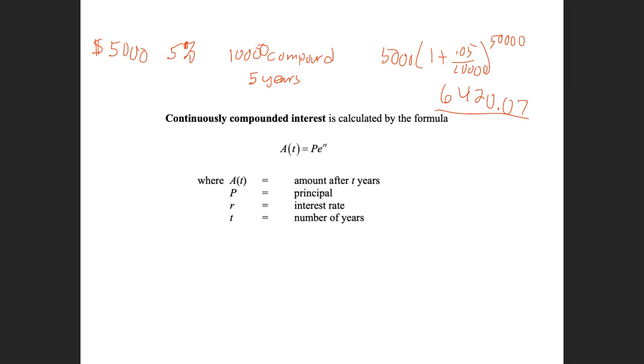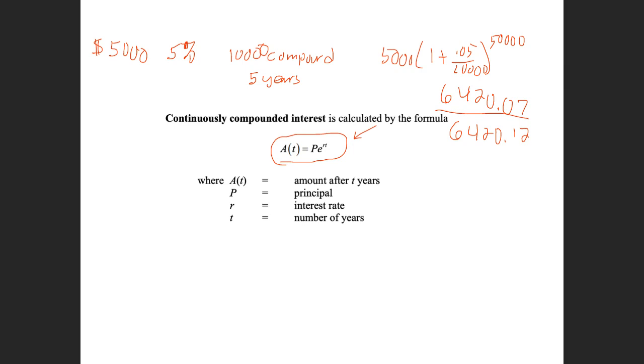So that gives me $6,420.12. Okay, so I get a little bit more, not much. So once you start compounding like 10,000, it's not going to change much. This is compounded continuously. This would be the best you could ever do. So you could put 1 million in there, and it'll probably come out to be almost identical.